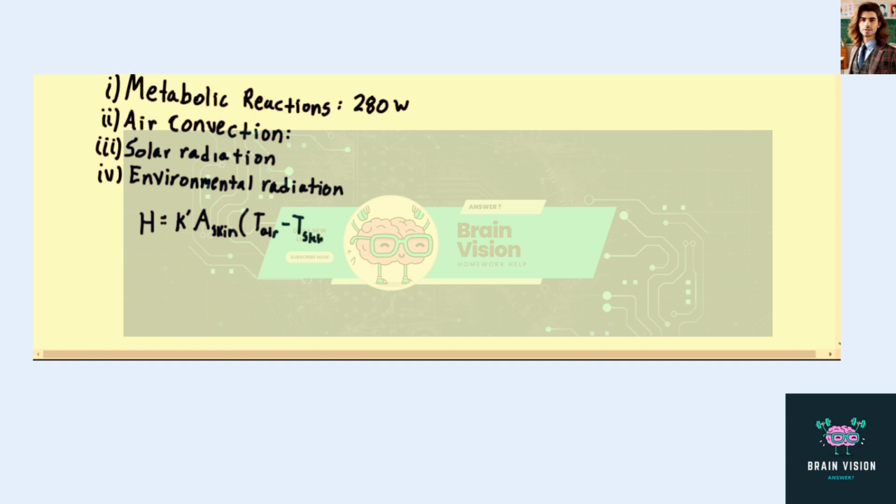We're given values for all of these terms. K prime is valued at 54 joules per hour per degree Celsius per meter squared.